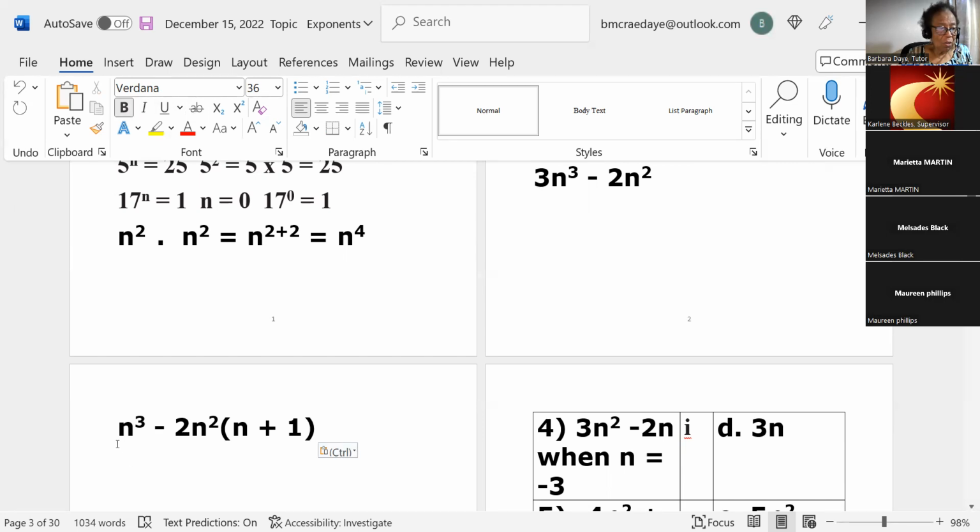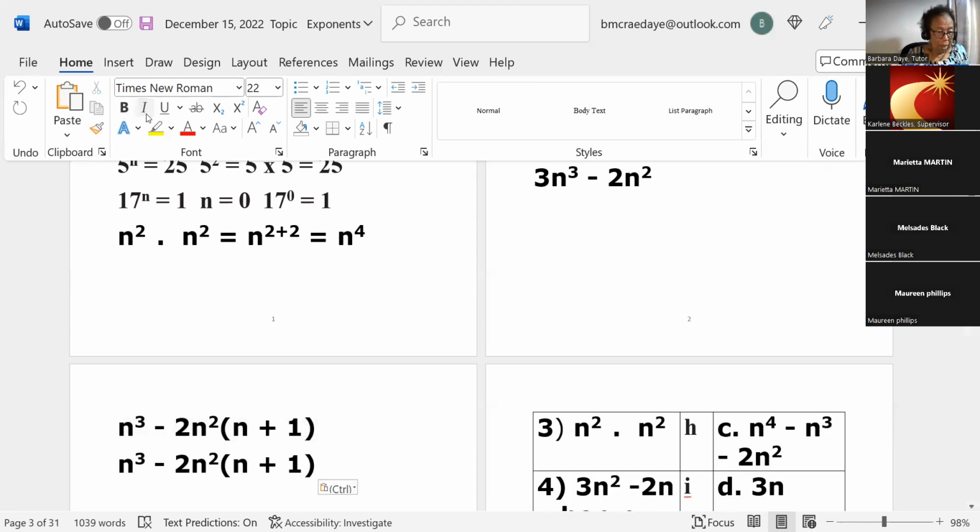So Marietta, when you multiply this, n to the third stays just the way it is, right? Okay, Marietta, what's 2n to the second times n?